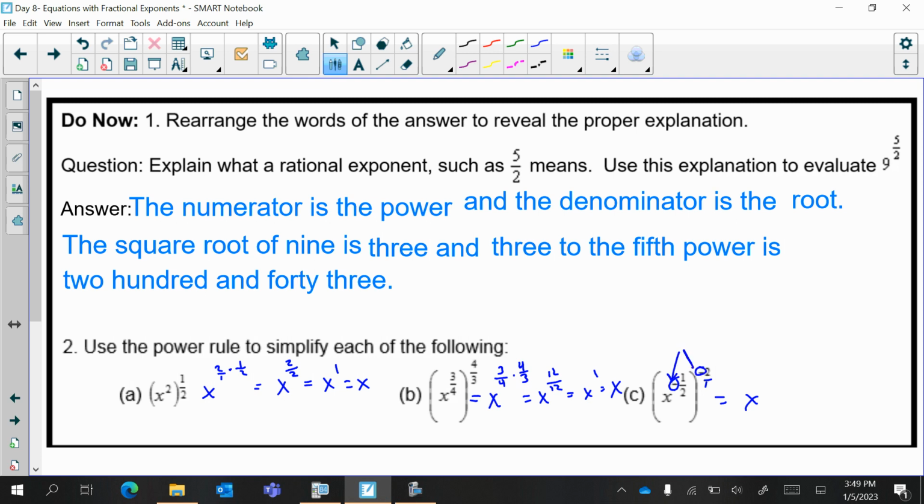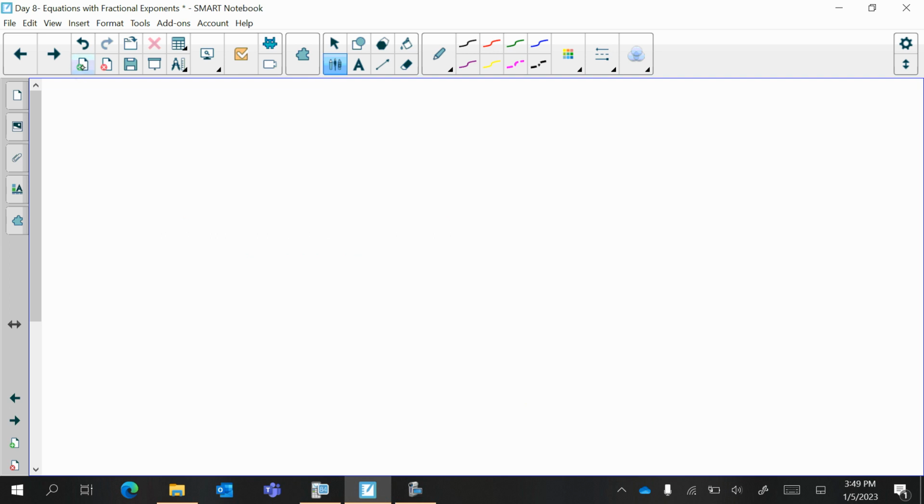So if your original exponent is negative, the next exponent has to be negative as well in order for them to cancel out. And if you think about this, hopefully it makes some sense, because we have the square root of x, and we know that if you square the square root of x, it's just x.